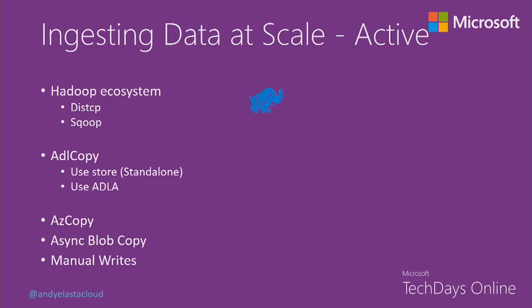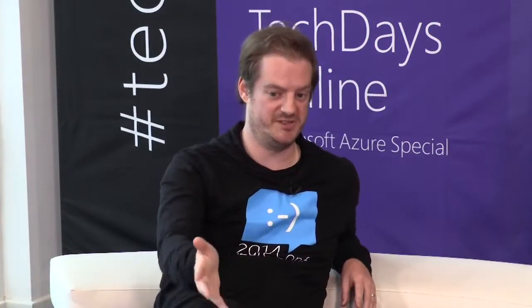If you're looking to use the Hadoop ecosystem, because maybe you're going to run HDInsight analytics and that's what your team is skilled in, you can simply spin up an HDInsight cluster, and then you can use this thing called distributed copy, DistCp.